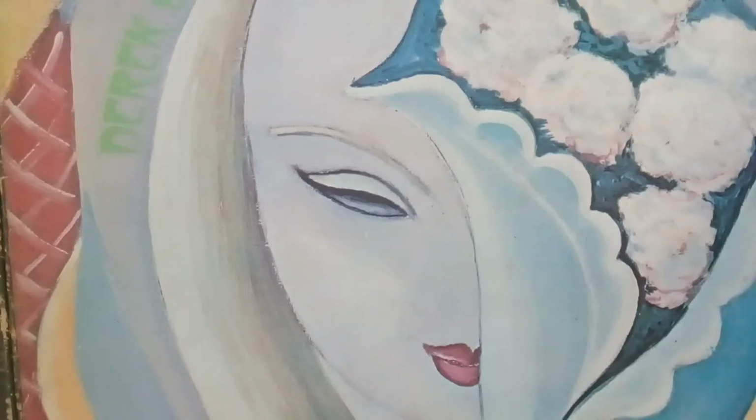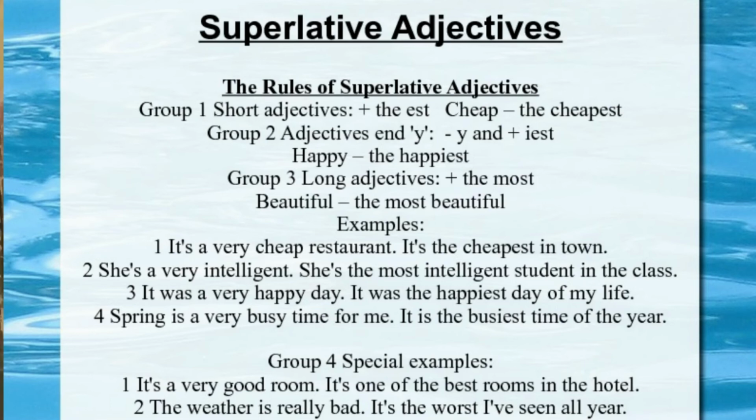Okay, now some of you will note that I only described 3 groups. So there is a 4th group, and I'm going to talk about it now. Here, of course, the adjectives change completely.